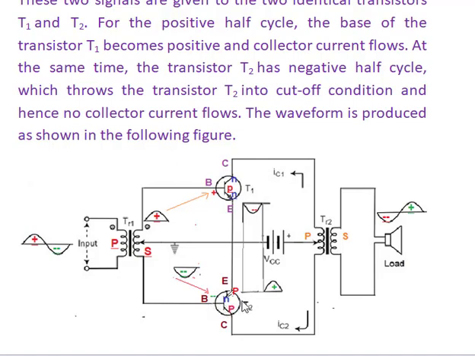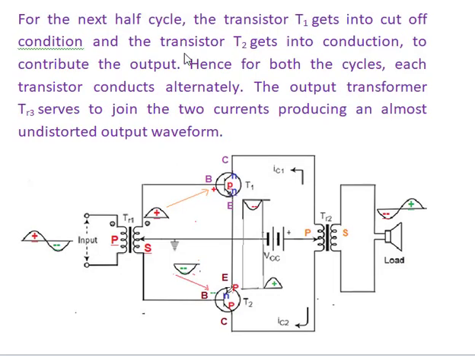As it is a reverse bias, with the base being N-type material and a positive first half cycle given here, transistor T2 comes under cutoff condition and does not conduct. There is no collector current flow in this collector.